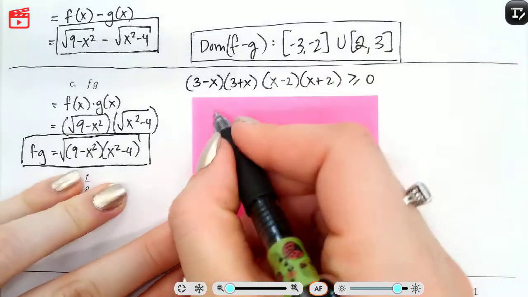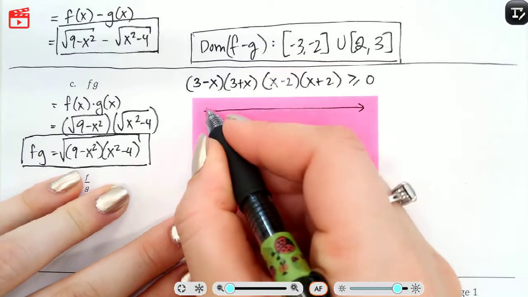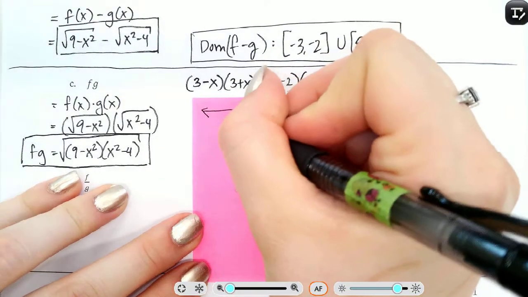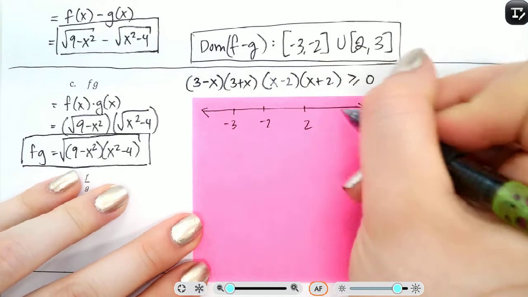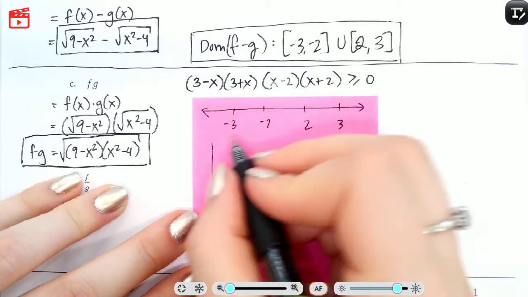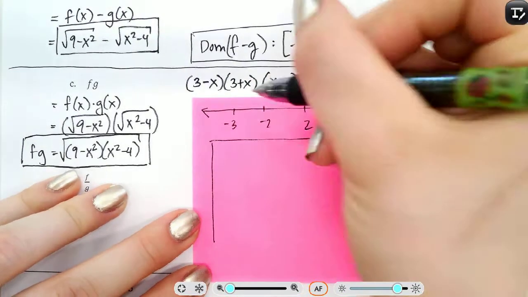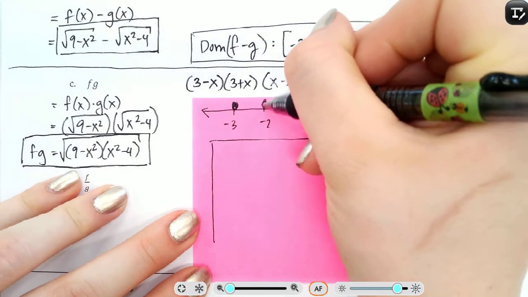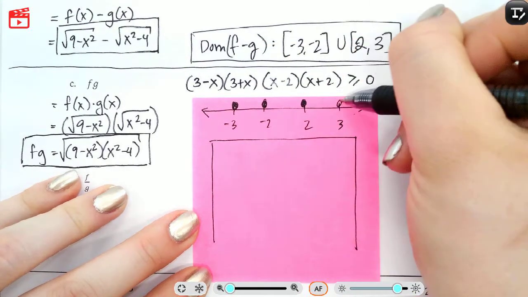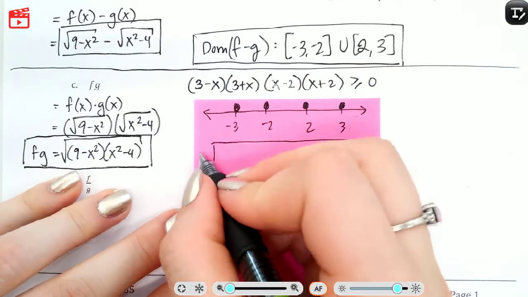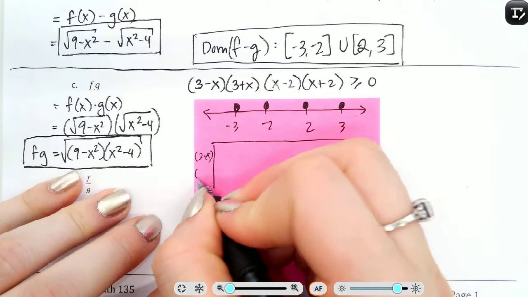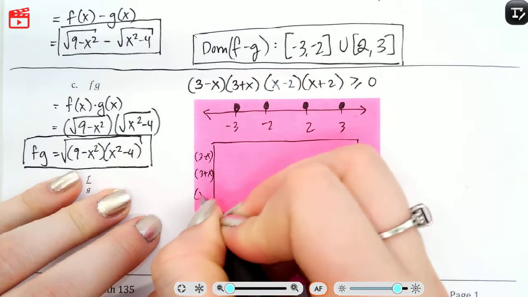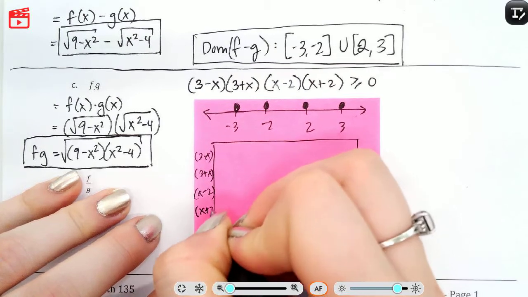Okay, so on our graph, our critical value points are -3, -2, 2, 3. And we're allowed to equal all of these because of that. And then I have 3 minus x, 3 plus x, x minus 2, x plus 2.